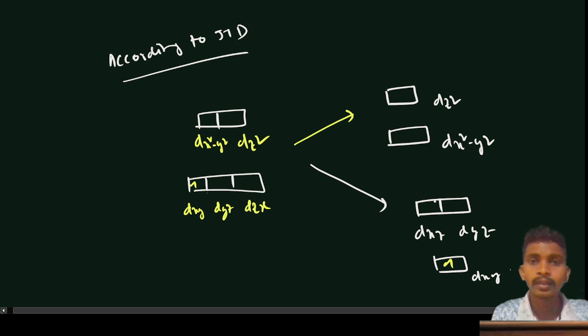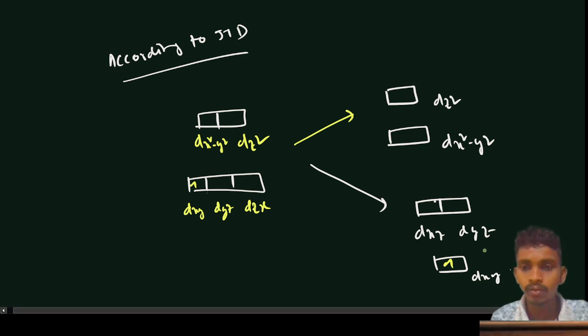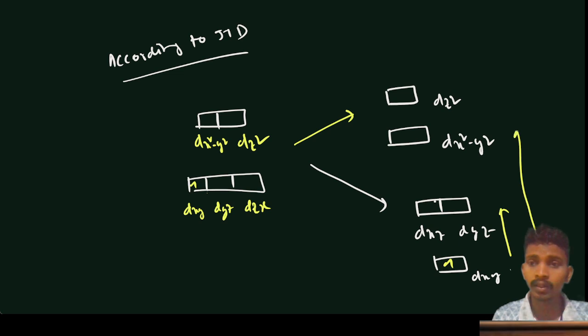From here, the electron has three possible transitions: it can go from here to here, or here to here, or it can also go to here.